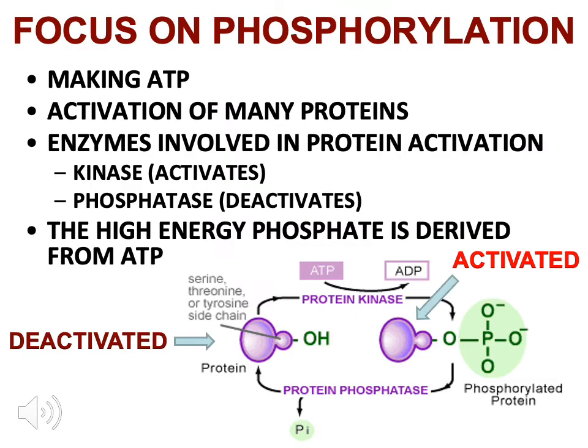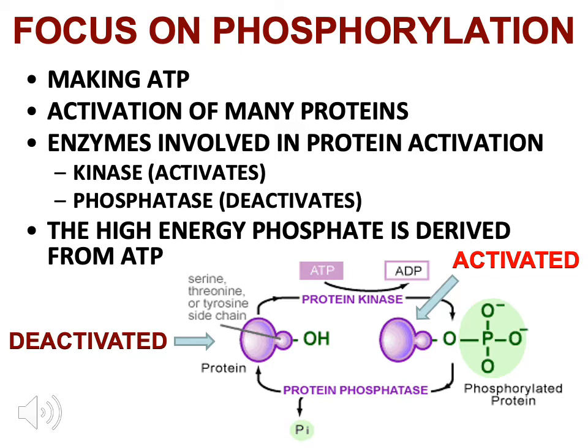I need to make a comment about this term phosphorylation. Most times you will associate that word with the making of ATP. Remember, phosphorylation literally means adding phosphate to something. But the word phosphorylation will also describe the activation of many proteins in the cell.